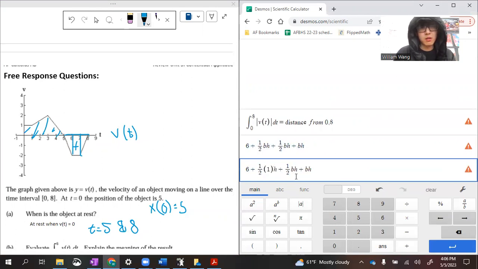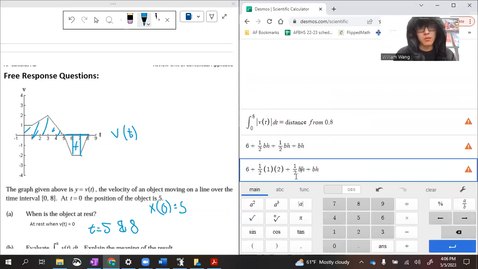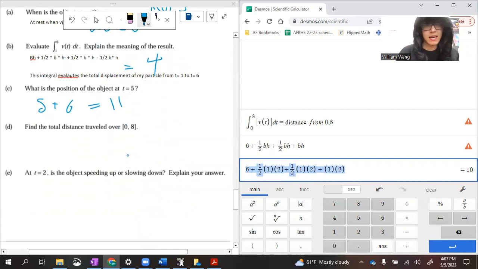My base is 1. My height is 2 plus 1/2 base height, so times 1. Times my height is 2. Plus my final rectangle has a base of 1 and a height of 2. Okay, so my total distance traveled when I count everything as positive is actually 10.